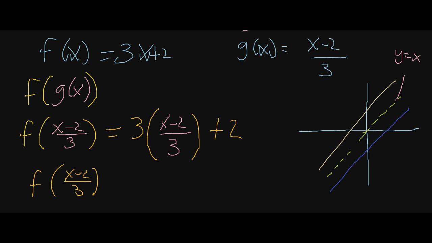So we're going to get f of x minus 2 over 3 is equal to, well, what's 3 divided by 3? Well, 3 divided by 3 is just 1, so that's gone. So we get x minus 2 plus 2. Like before, I want to keep it the same colors. x minus 2, then we get plus 2. Well, what's minus 2 plus 2? That cancels.